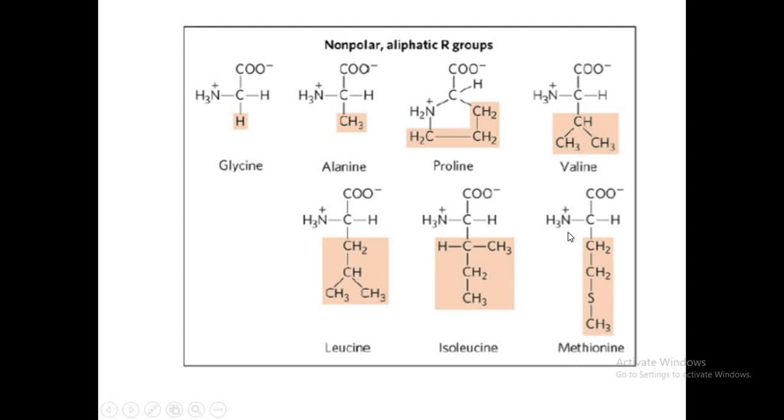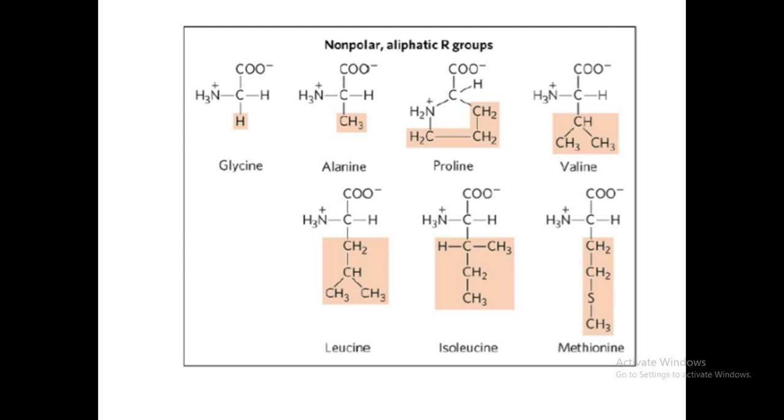And one more thing: one of the amino acids that is non-polar and has an aliphatic R group is methionine. This amino acid has a thioether group, and it is one of the two sulfur-containing amino acids. It contains sulfur in its side chain, and the other amino acid existing in nature is cysteine, which also contains sulfur in its side chain.